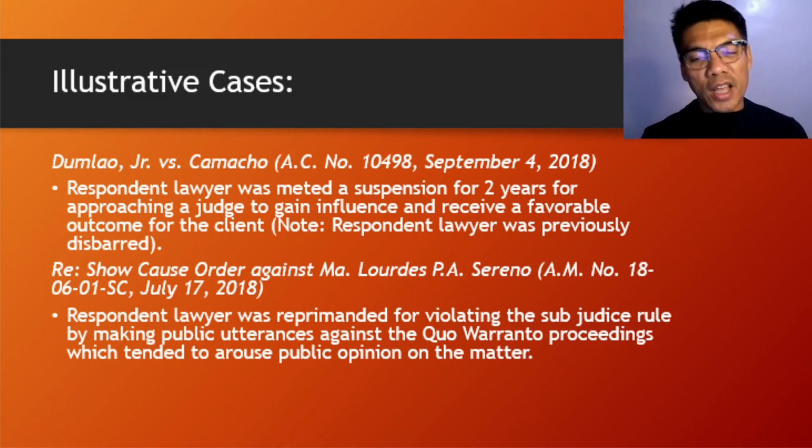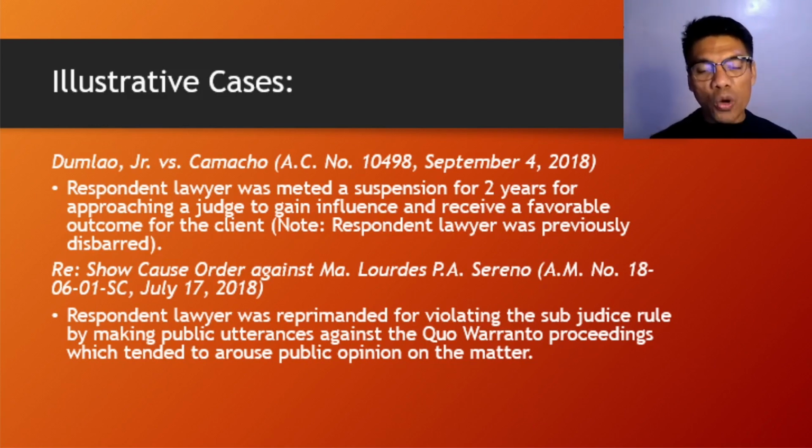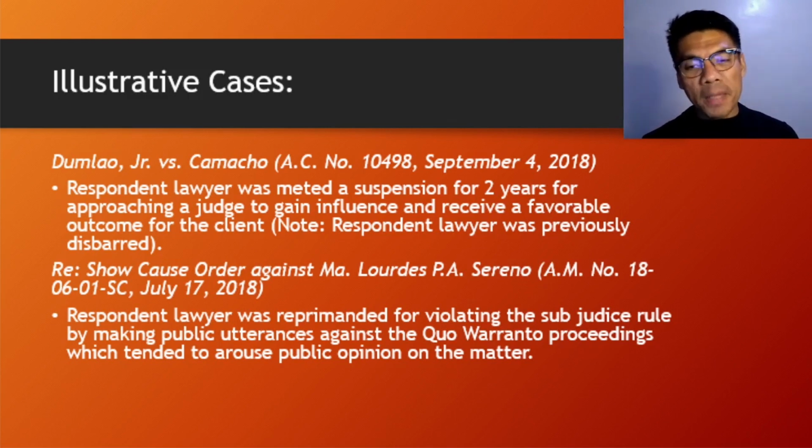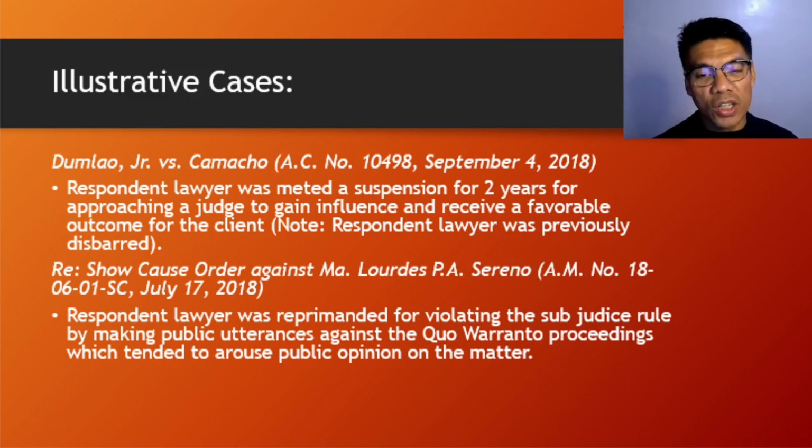This is In re: Show Cause Order against Maria Lourdes Sereno, AM number 180601-SC, dated July 17, 2018. And here, respondent lawyer, ex-Chief Justice Sereno, was reprimanded for violating the sub judice rule by making public utterances against the quo warranto proceedings filed against her, which tended to arouse opinion on the matter.